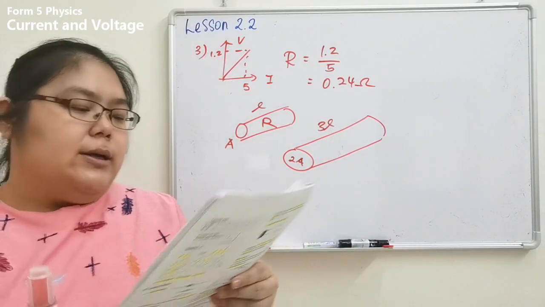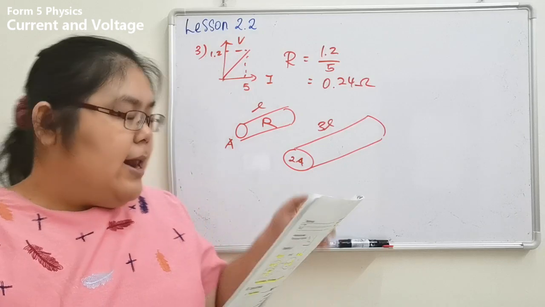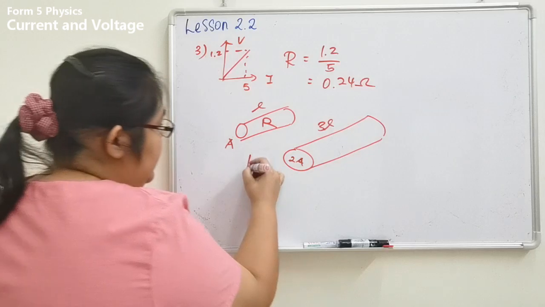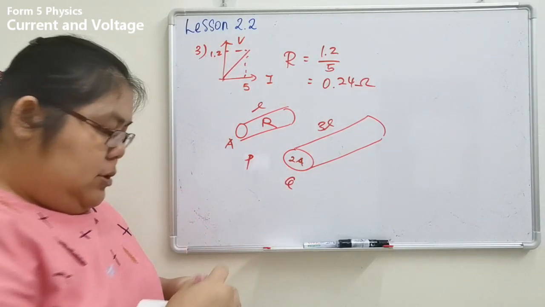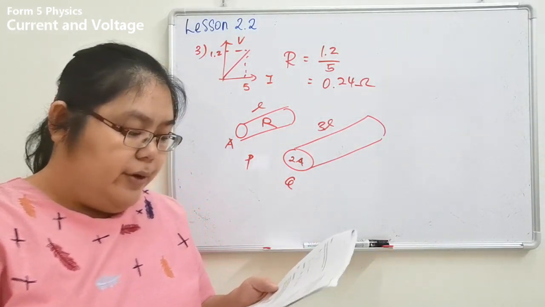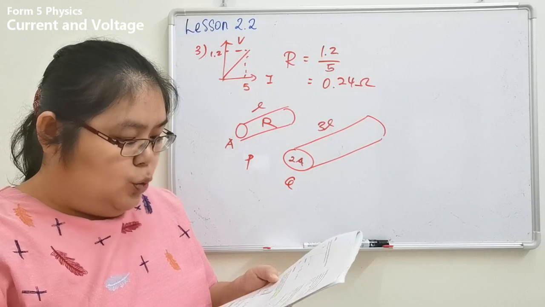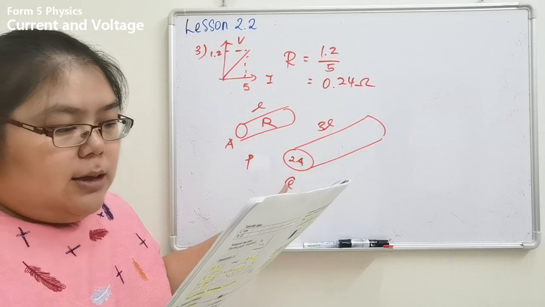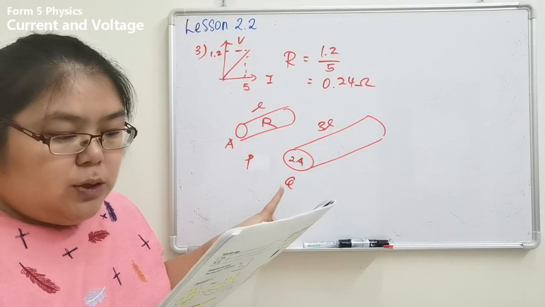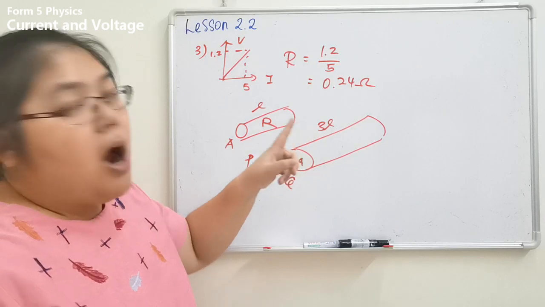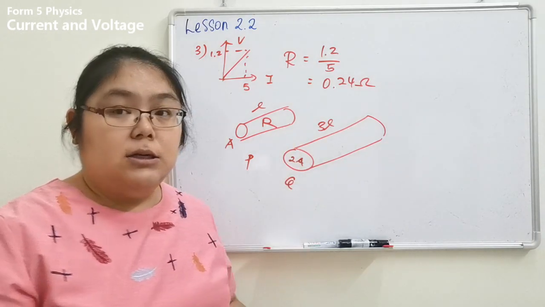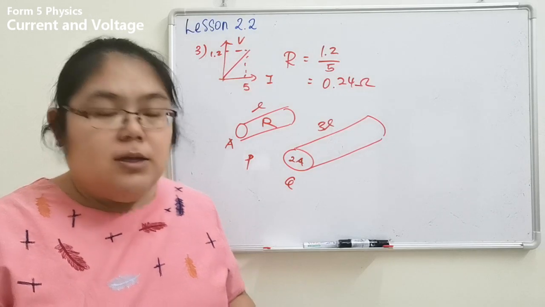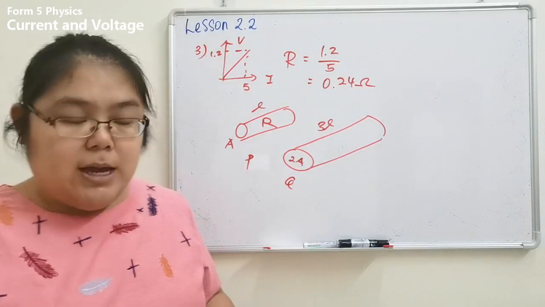The length for this wire should be 3L, this one is P, this one is Q. Then the cross-sectional area becomes 2A. Then what is the resistance for Q in terms of R? That means your final answer doesn't have an exact number. You're just using R to represent it.